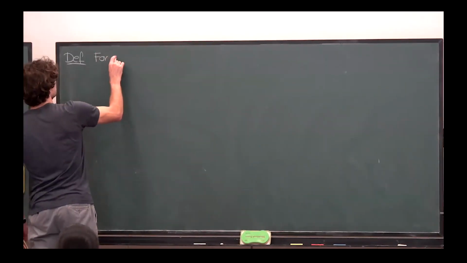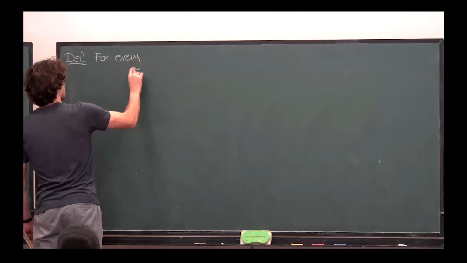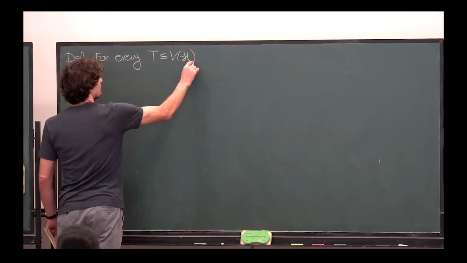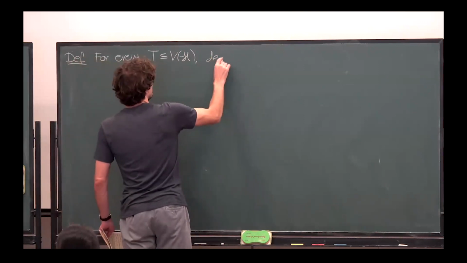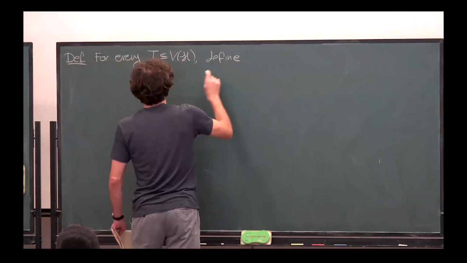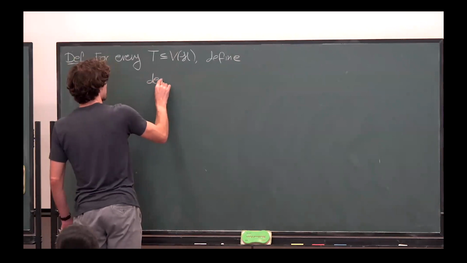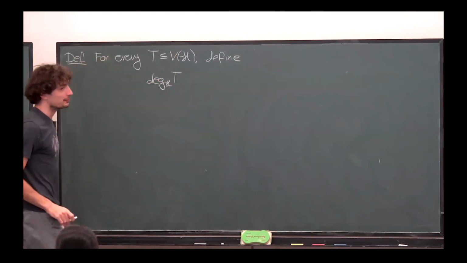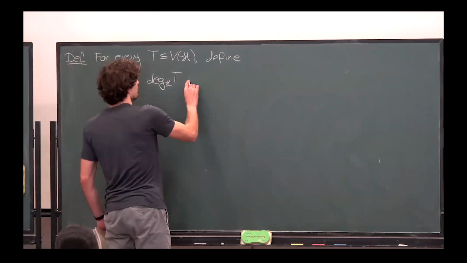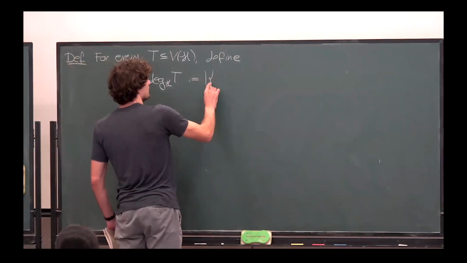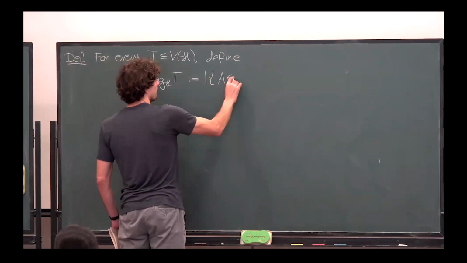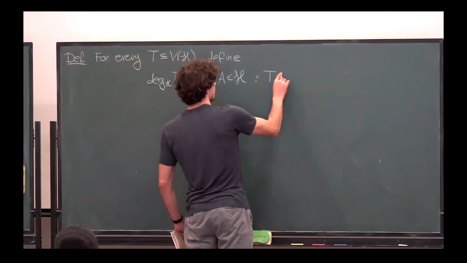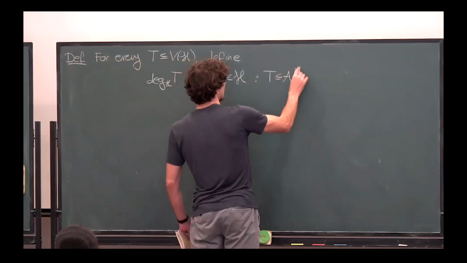For every subset T of the set of vertices, we may define the degree of T in this hypergraph H. This will be the number of edges of the hypergraph which contain this given set T.